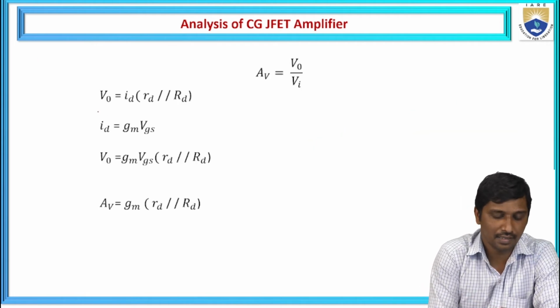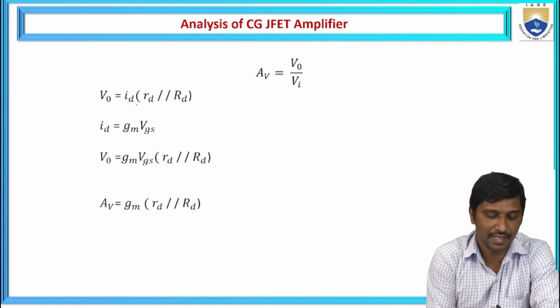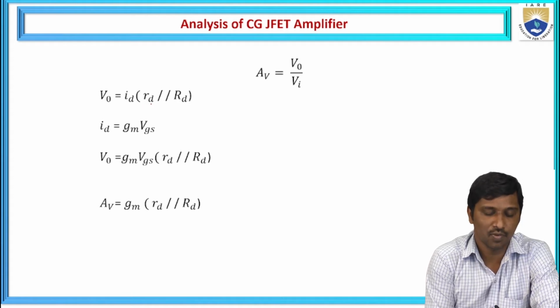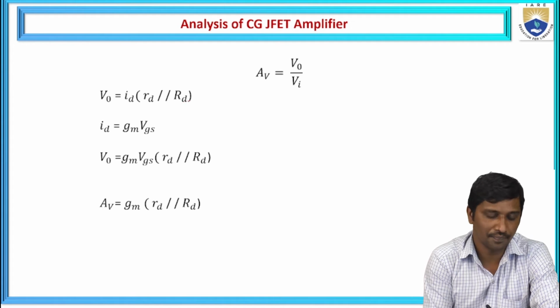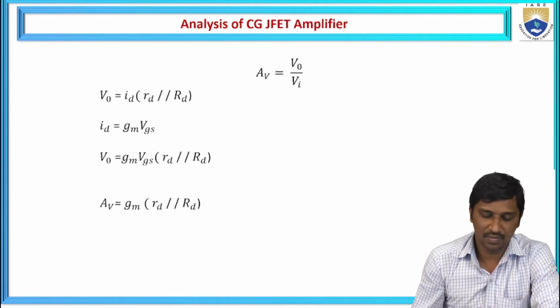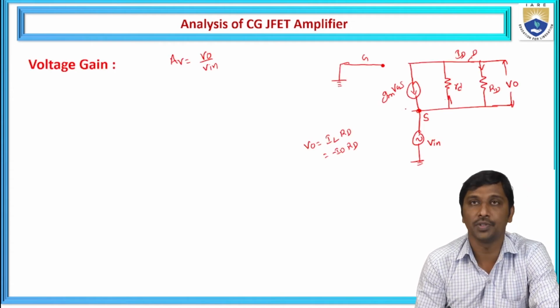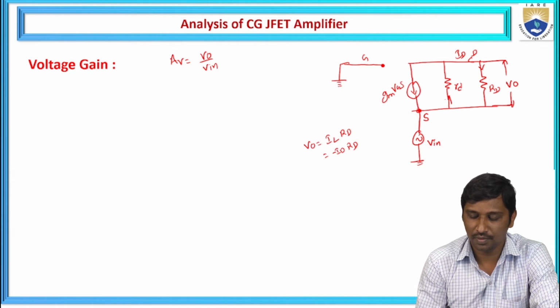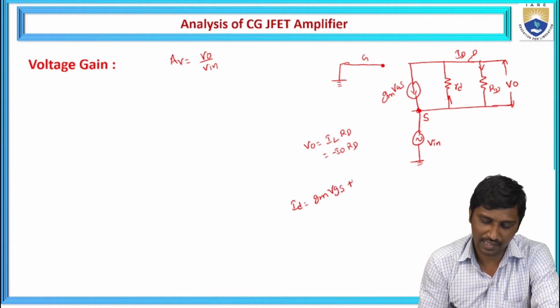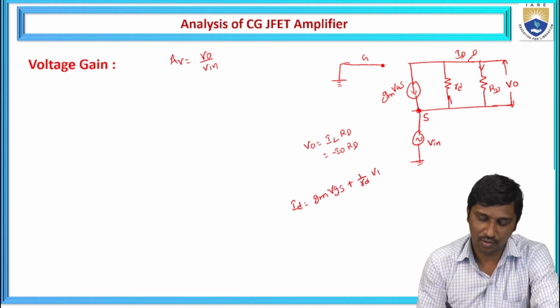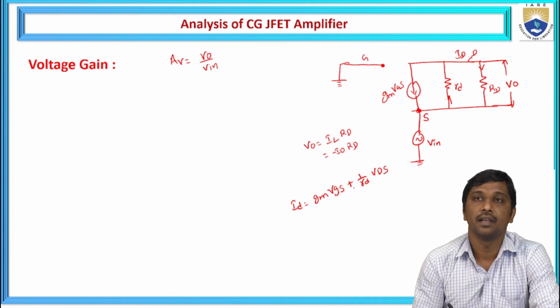So we consider V0 is equal to ID times of rd, small rd in parallel combination with capital RD. And from the circuit, let us consider ID is represented as gm times of VGS plus 1 by rd into VDS.